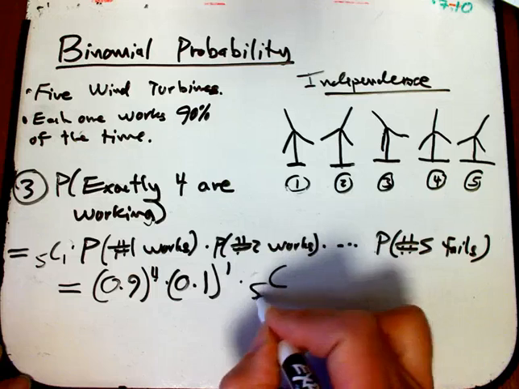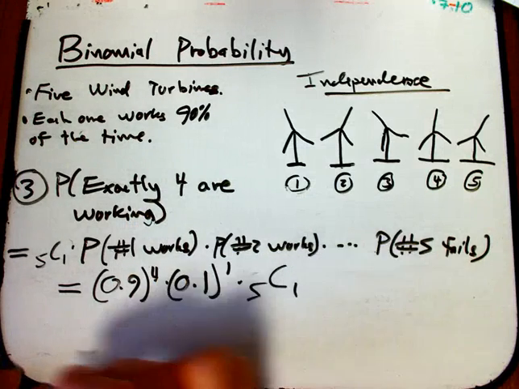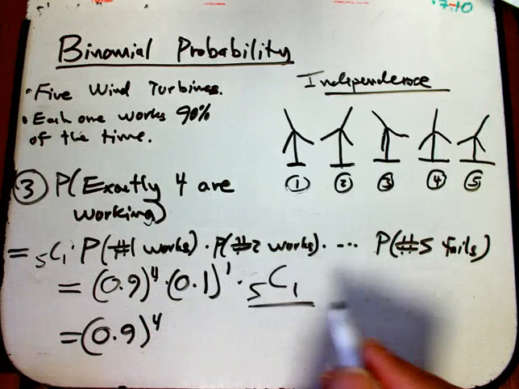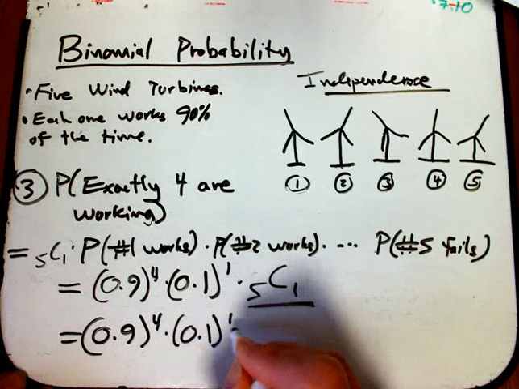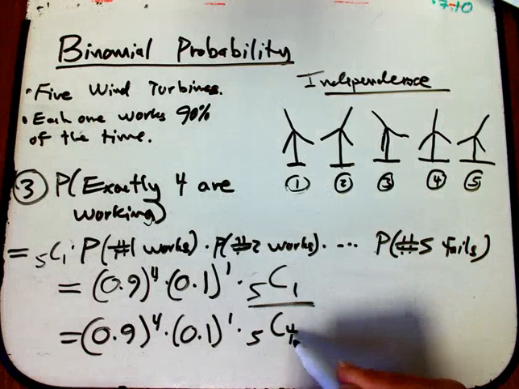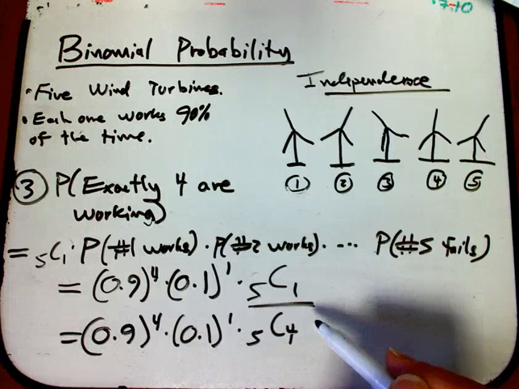And this is where the binomial coefficients come in. This is why it's called binomial probability. So you could either say that, focusing on the fact that there are 5 choices of the one that can fail, or 5C4. And of course, these are the same number. This is the symmetry of Pascal's triangle, or the symmetry of binomial coefficients, however you want to say it.